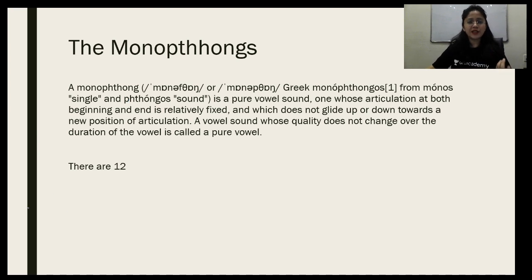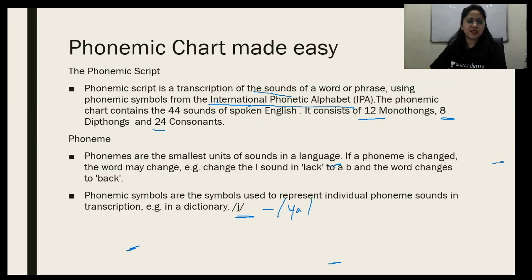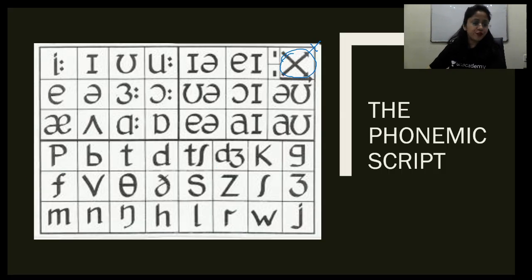Now, there are 12 of these, and they are beautifully expressed in the phonemic chart. If you look at it, these are the monophthongs: 1, 2, 3, 4, 5, 6, 7, 8, 9, 10, 11, 12.